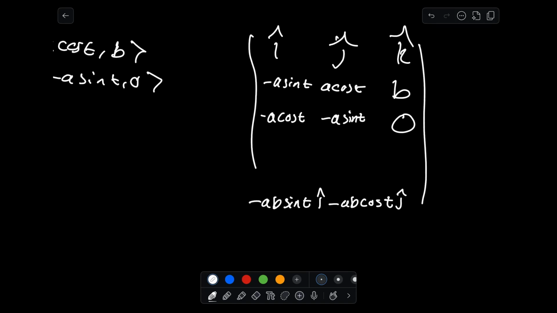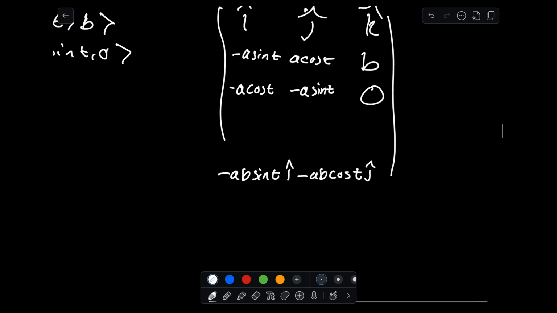Actually three negatives, so the two negatives make it positive times the negative, and then you're going to get plus A squared k hat.